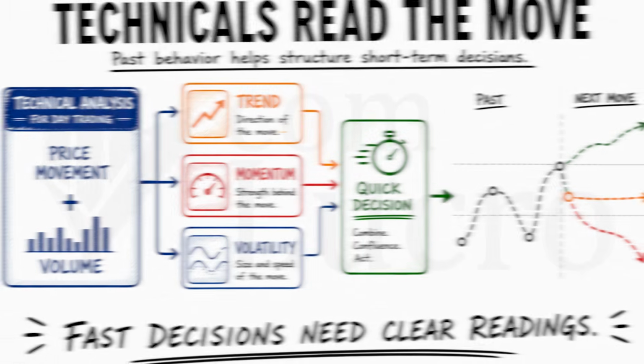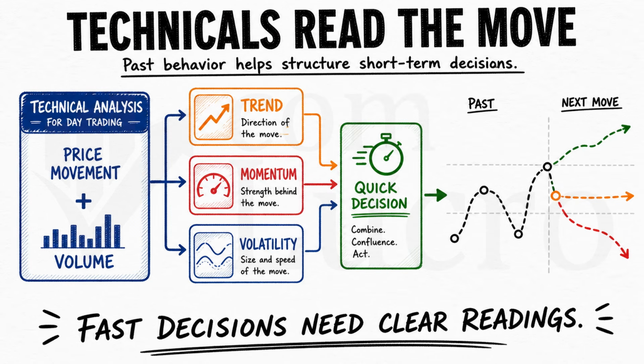Now, let's compare technical indicators with fundamental analysis, because the difference matters more than most traders think. Technical analysis looks strictly at price movement and trading volume, using indicators to project future price action from past behavior.